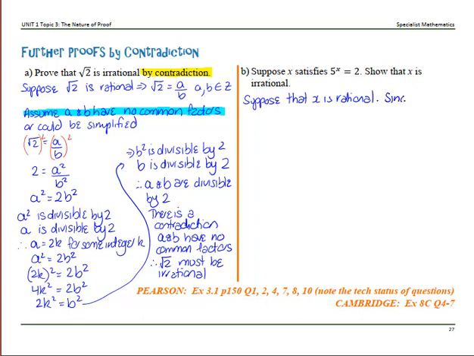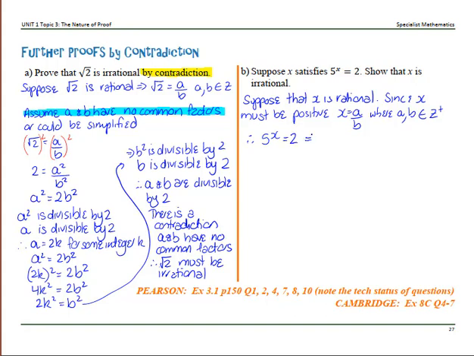Now, since x must be positive, x equals a over b, where a and b are positive integers.